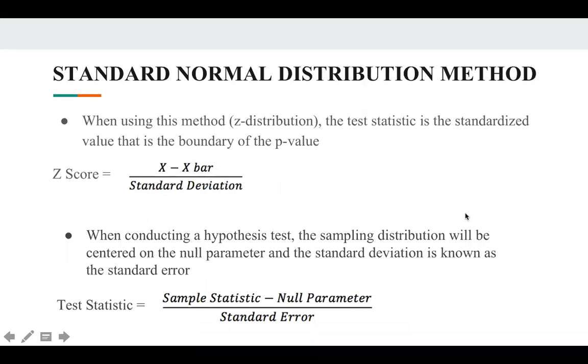When you're conducting a hypothesis test, the sampling distribution is centered on the null parameter, which is the number in the null hypothesis, and the standard deviation is similar to the standard error. Therefore, we calculate our test statistic as the sample statistic minus the null parameter, which is the number in our null hypothesis, divided by the standard error.